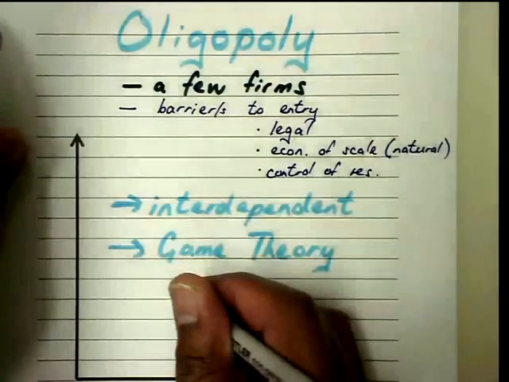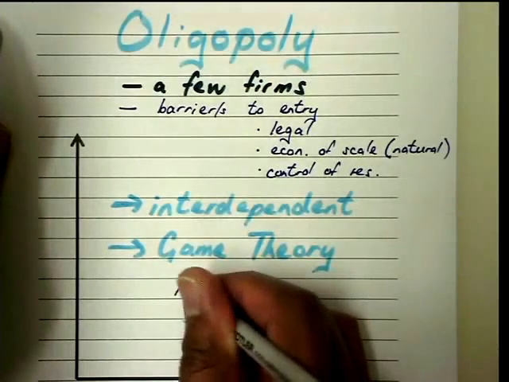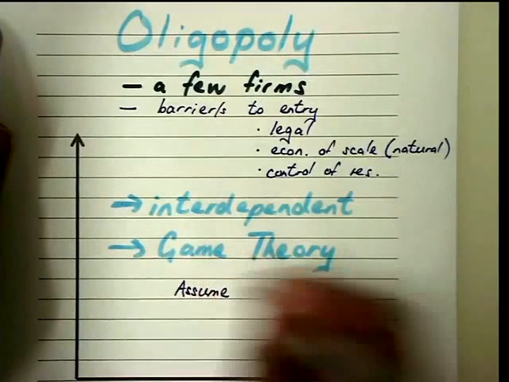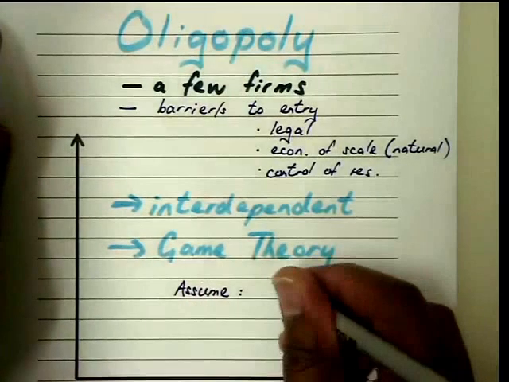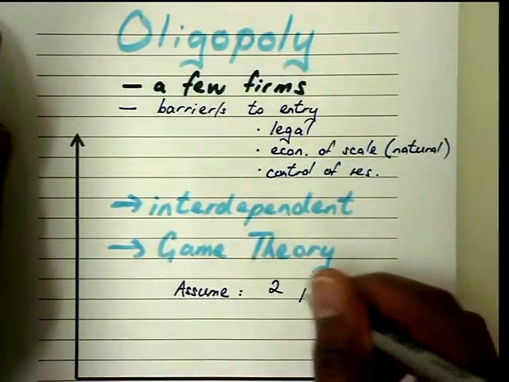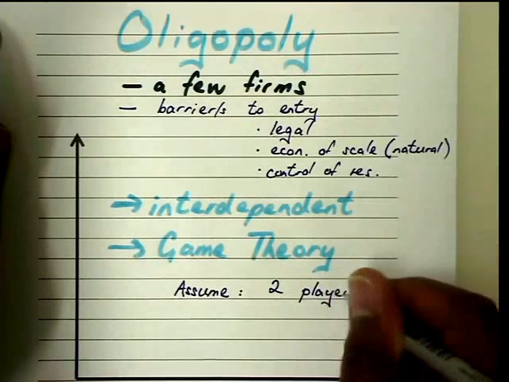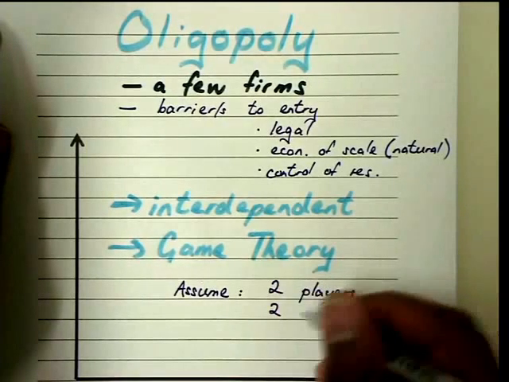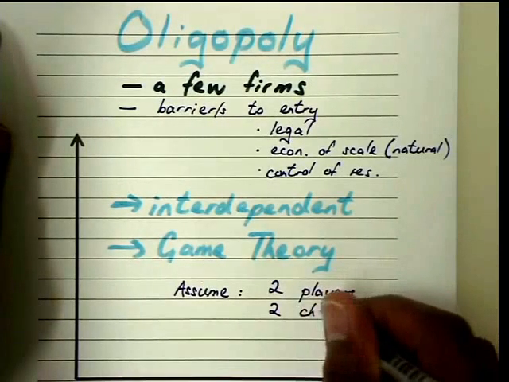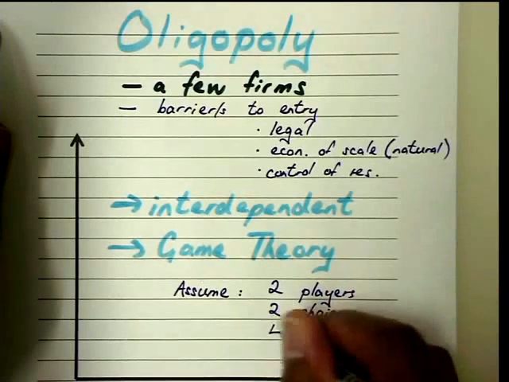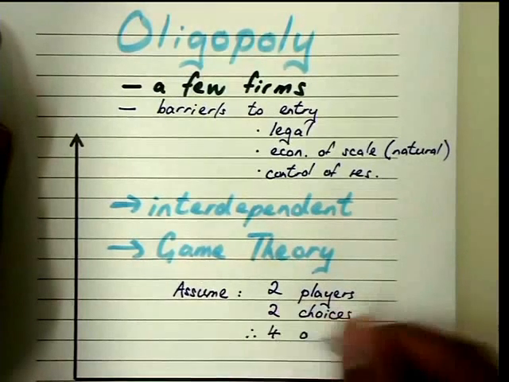For basic first year, we make some assumptions. First, there are just two players, and each firm has two choices. Therefore, there are four possible outcomes.